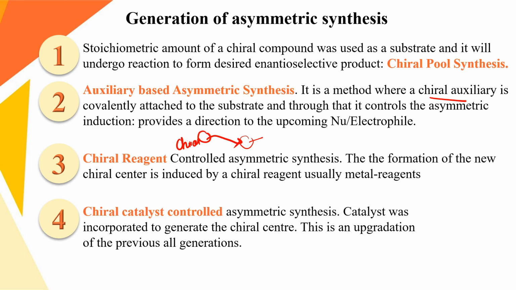The third generation of asymmetric synthesis deals with the chiral reagent, which controls the asymmetric synthesis. That means a particular reagent, such as a metal based reagent containing a chiral ligand, where that chiral ligand provides a chiral environment in the reaction mixture, and from there it provides an asymmetric product.